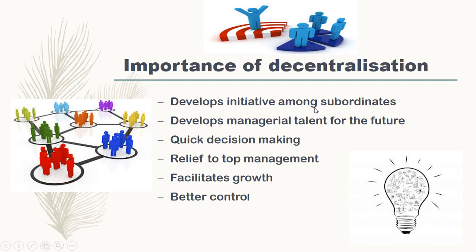This gives the motivation or initiative for the subordinate to perform well, to take decisions in a more creative way. It enhances the subordinate for a particular work, so that he can take decisions and perform well in the organization.